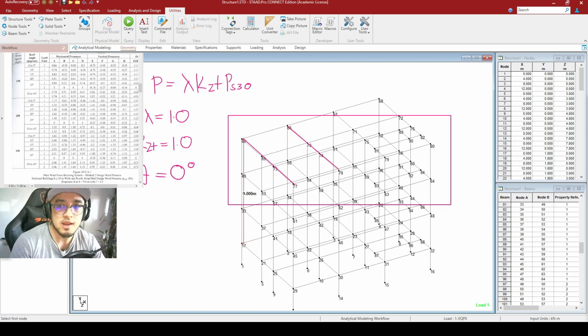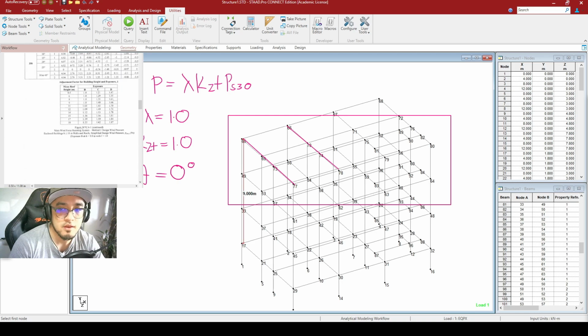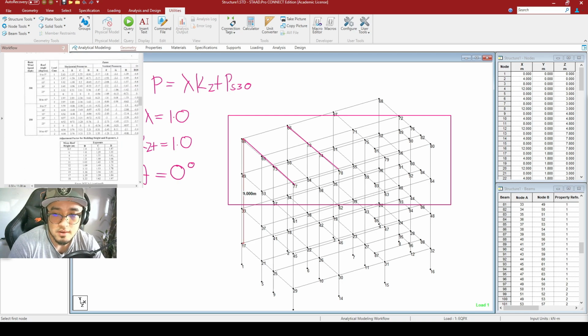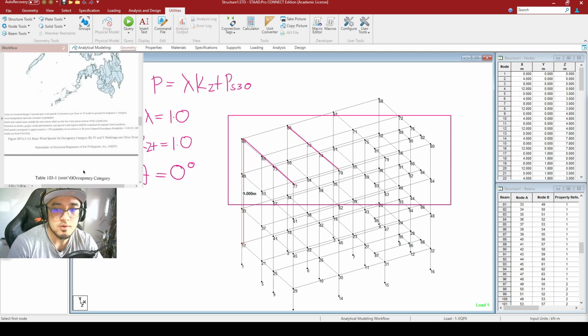Once again, looking at the PDF file to your left, it is to be given by this map right here, or this is to be figure 207A.5-1A, or the basic wind speeds for occupancy category 3, 4, and 5.